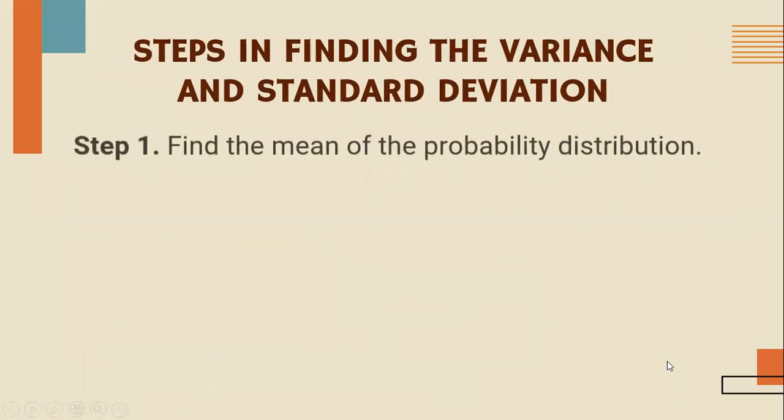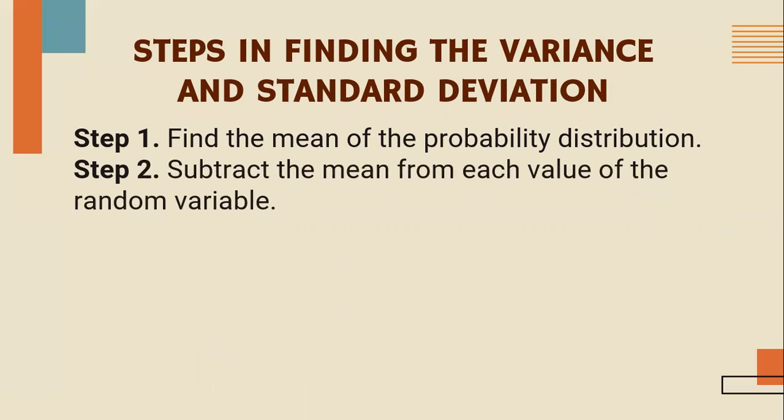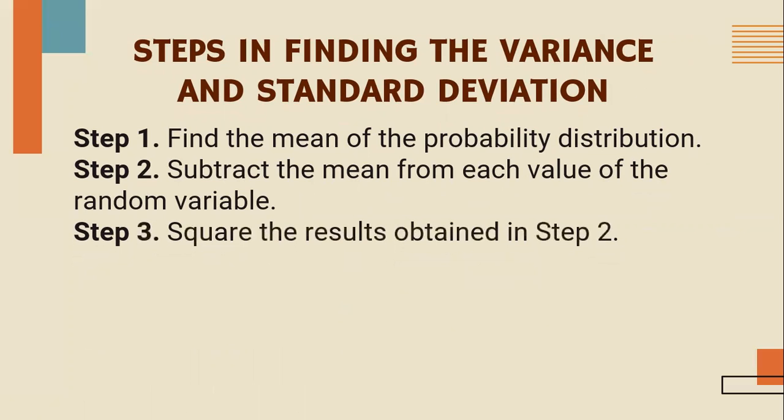So these are the steps. First is we need to find the mean of the probability distribution, just like what we did on our first and second examples. And then step 2, subtract the mean from each value of the random variable. Step 3 is we will square the results obtained in step 2.